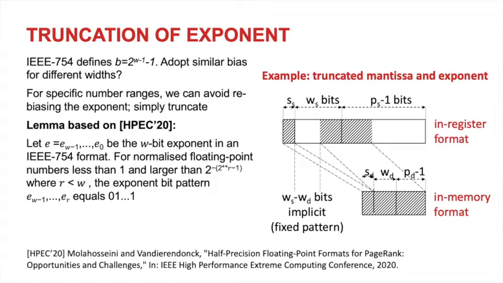Specifically, if you want to represent numbers that are less than 1 but larger than a certain value, then we can determine that the high order bits of the exponents follow a specific pattern. This means that we can truncate the exponent when we compact the number format, because we understand what bits have been removed.